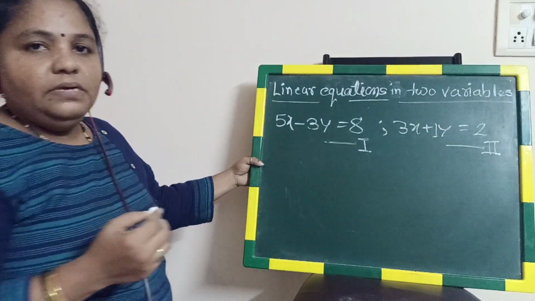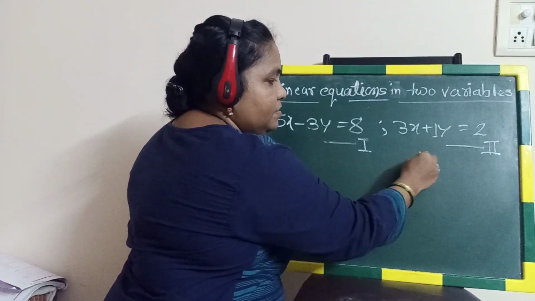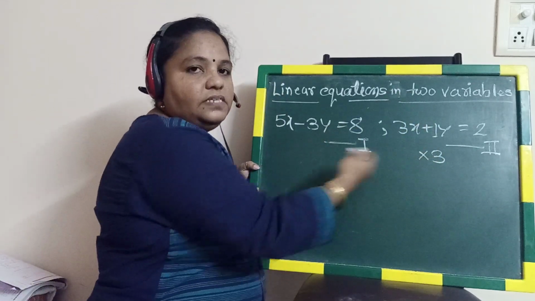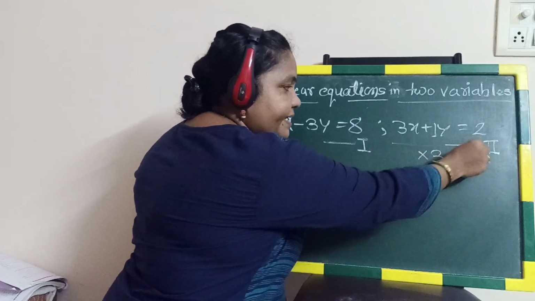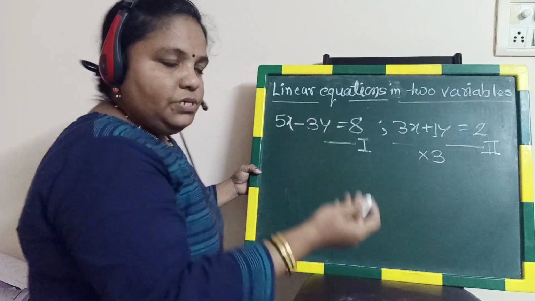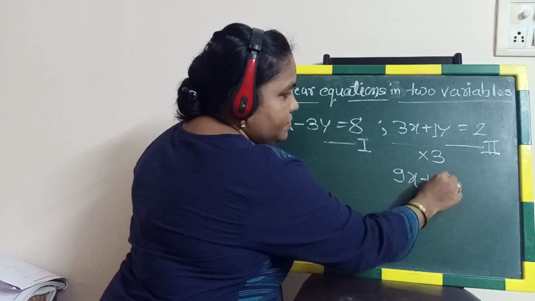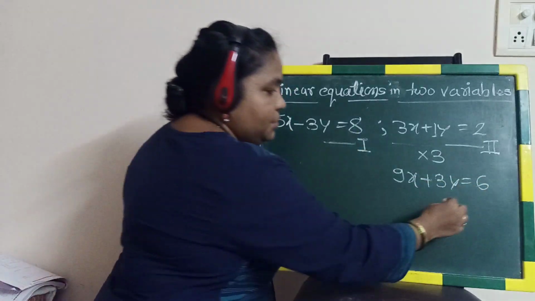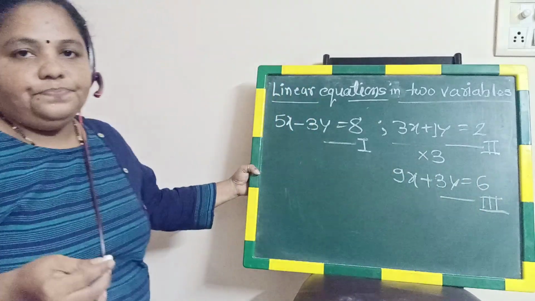To make them the same, we have to multiply the entire second equation by the constant number 3. Then we get a new equation, 9x plus 3y is equal to 6, and that new equation we consider as our equation number 3.